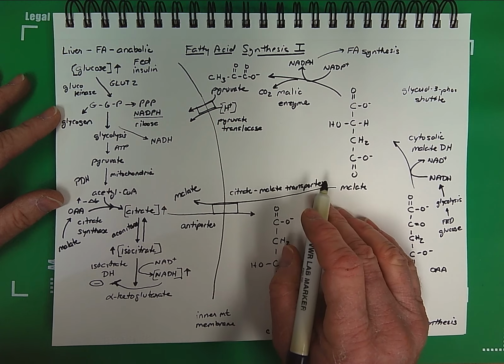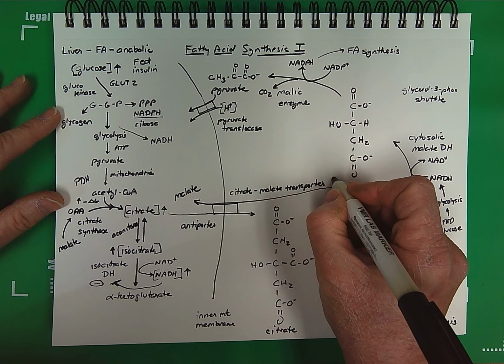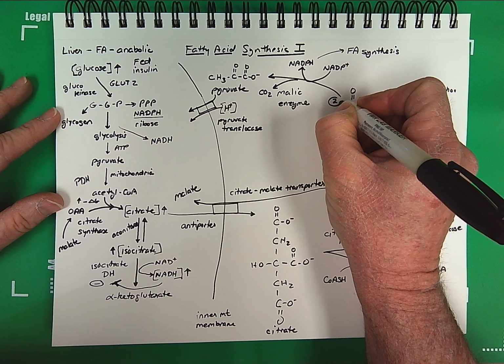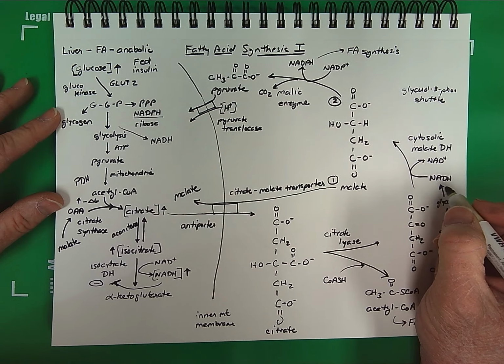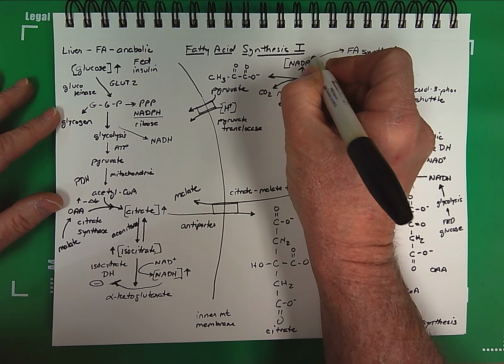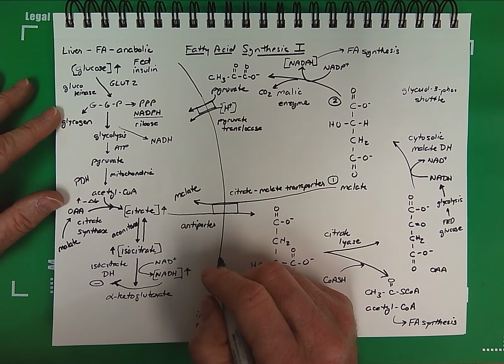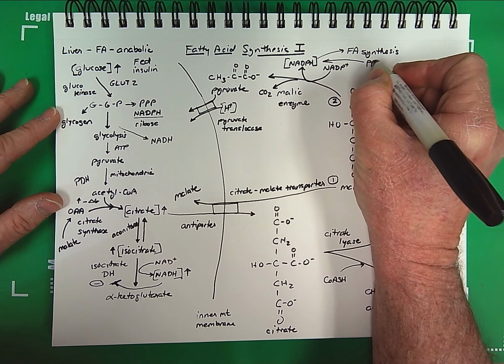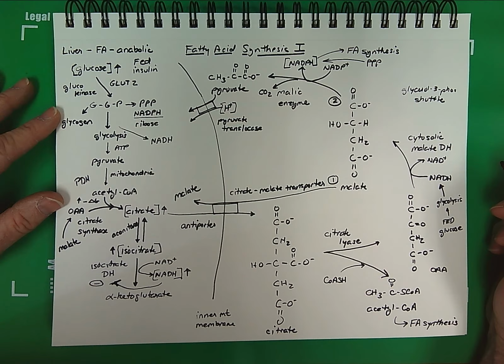Now the question becomes, when does malate take path 1 versus path 2? This decision-making point will be largely based on the concentration of NADPH. So recall that the majority of NADPH is being made by the pentose phosphate pathway.